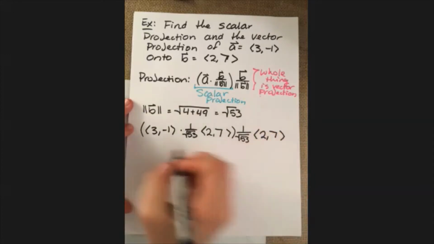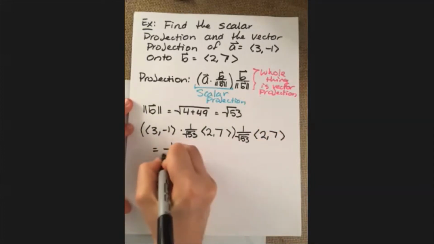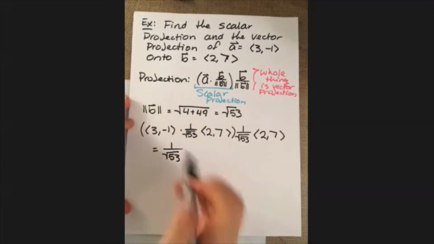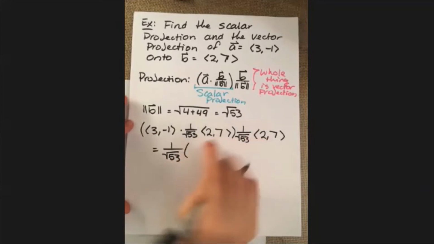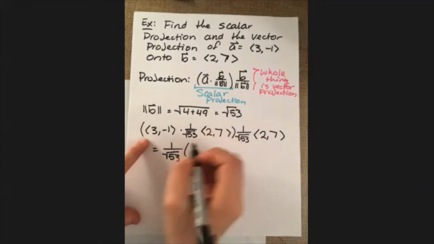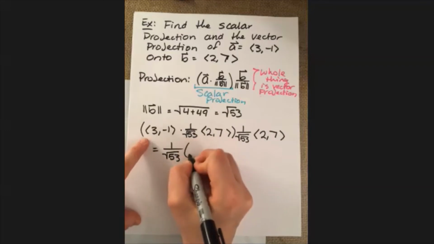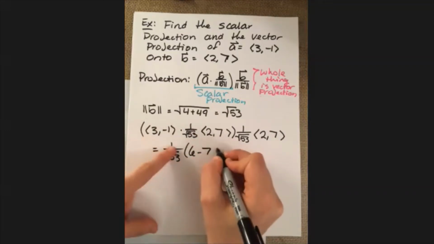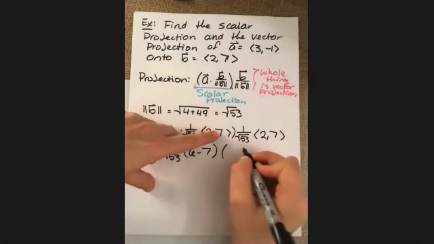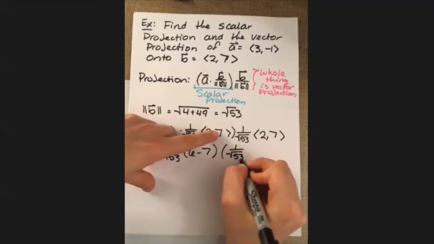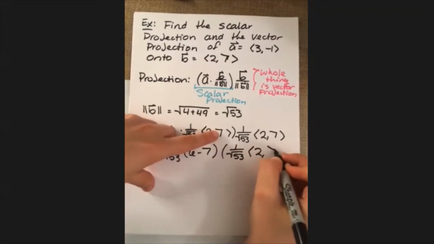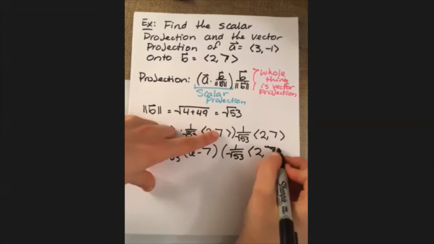Okay, I'm going to start simplifying it down and pull out the individual pieces. We'll have 1 over root 53 times the dot product of these guys here. So we're going to have 6 minus 7, and then this is still times 1 over root 53 times (2, 7).